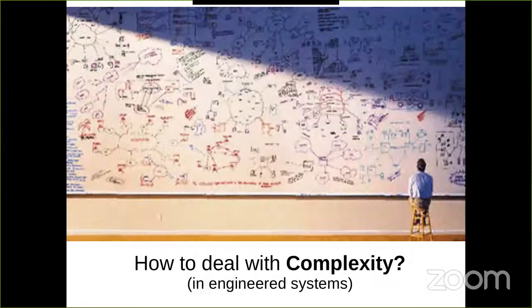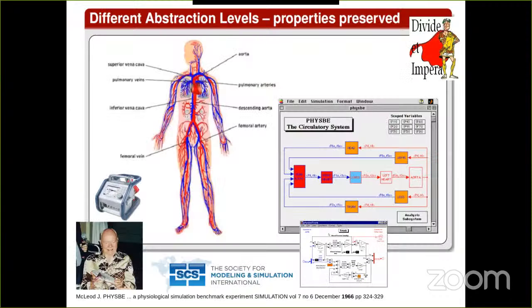Okay. We're still on dealing with complexity, and this one has to do with levels of abstraction. We've already done it a few times, but here John McLeod, the founder of the Society for Computer Simulation, wanted, after the Second World War, to build a heart-lung machine to use instead of the real heart and the real lungs.